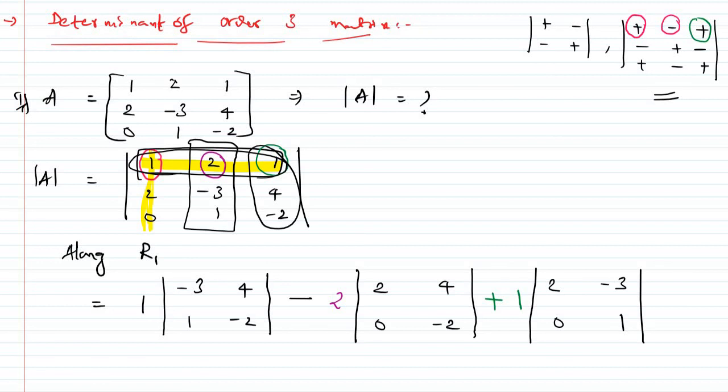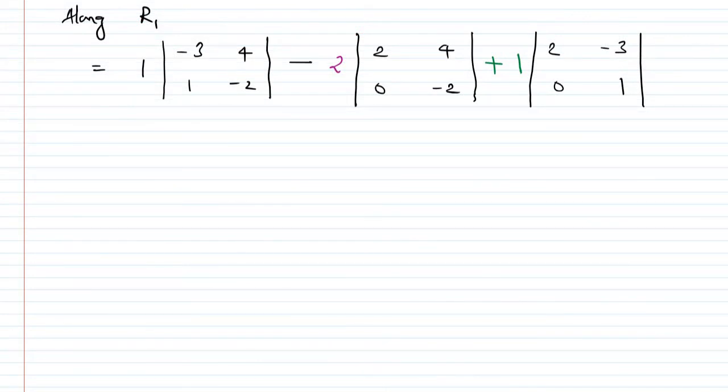This is the way we expand the determinant along R1. If you want to expand along R2 or R3, we can use the same order of signs. If it is R2, the first one is minus, the next one is plus, the next one is minus. Is it clear? The same is applicable for columns also. You can find the determinant value by expanding along C1, C2 or C3.